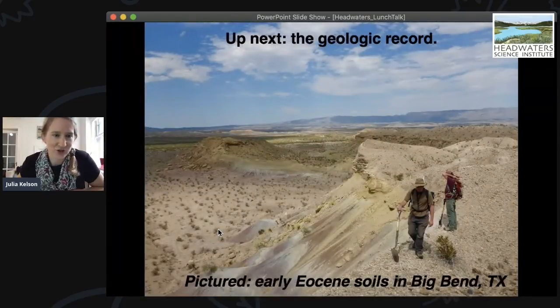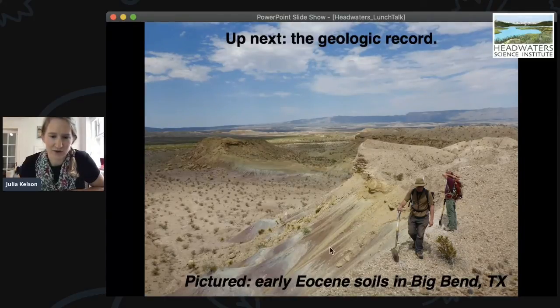I'm not going to show you any results from the geologic record because I don't have them yet. So that will be the next task the next year, is to use this relationship that I've developed in modern soils to apply it to ancient soils that I've collected and understand how aridity has changed during ancient global warming events.